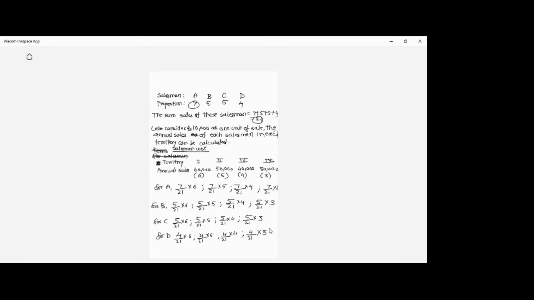Right? So all of this will be the values of the matrix. If I have to make a matrix, then 7 by 21 into 6 will be put in that particular cell.